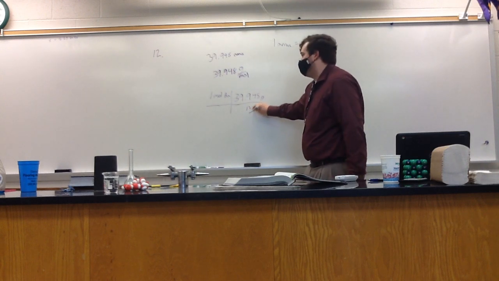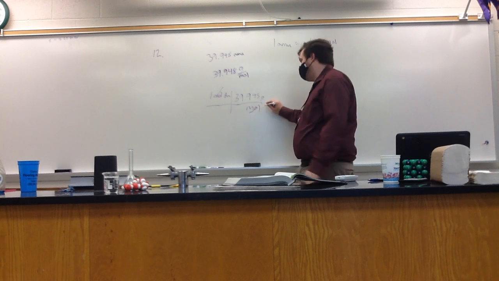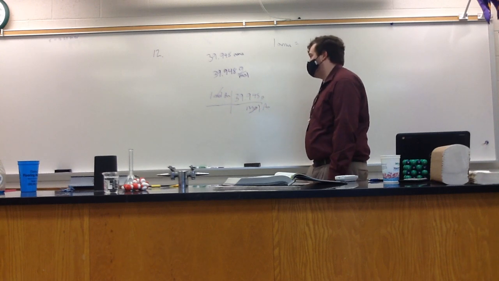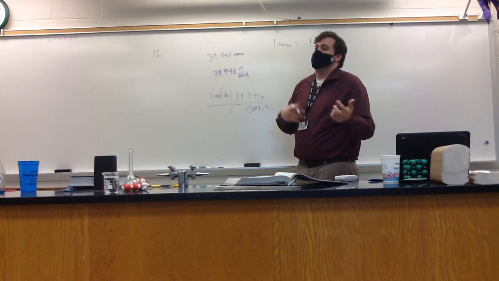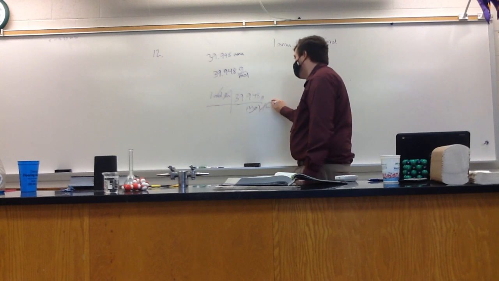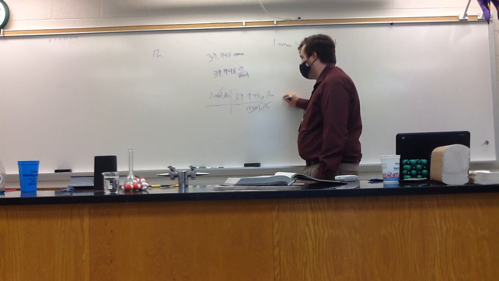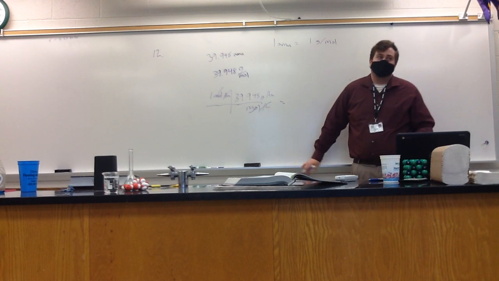We can cancel out these moles. And these are moles of argon, and you can cancel them out. I just don't usually write the argon, but if you're dealing with multiple elements, it might be helpful so you can keep track of it. So we cancel out moles of argon, and we're left with grams of argon. And that's how the conversion would look if we wrote it out all the way.